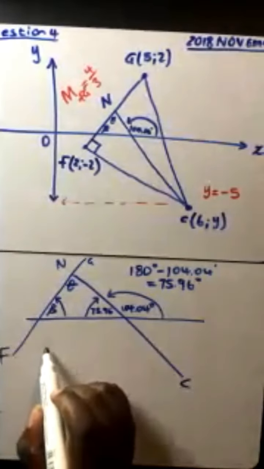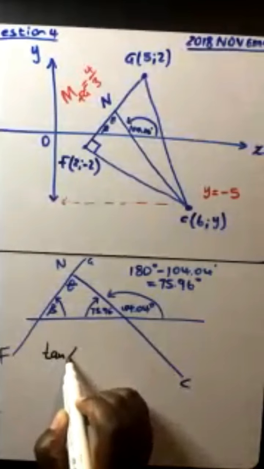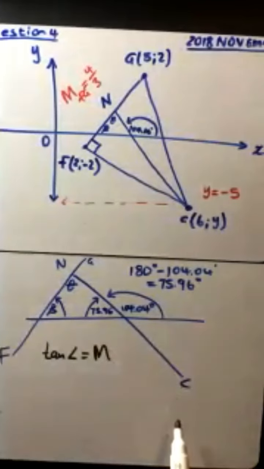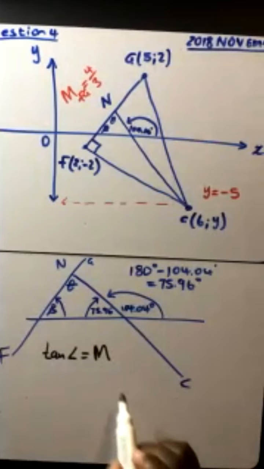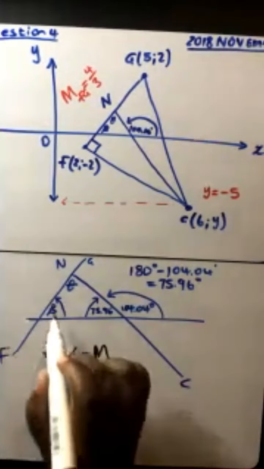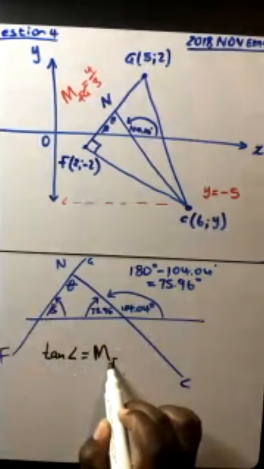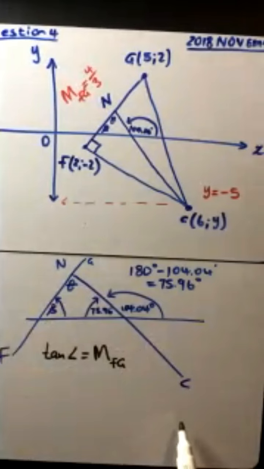If a tan angle can be equated to the gradient of a certain line, in this case, if we want to calculate that angle, we are going to say the gradient of FG.